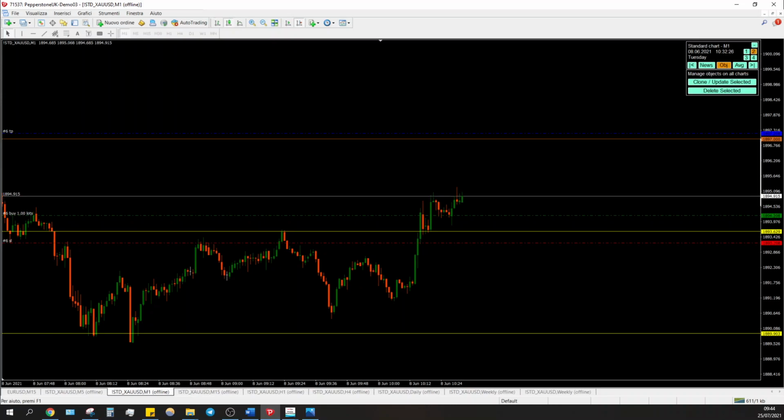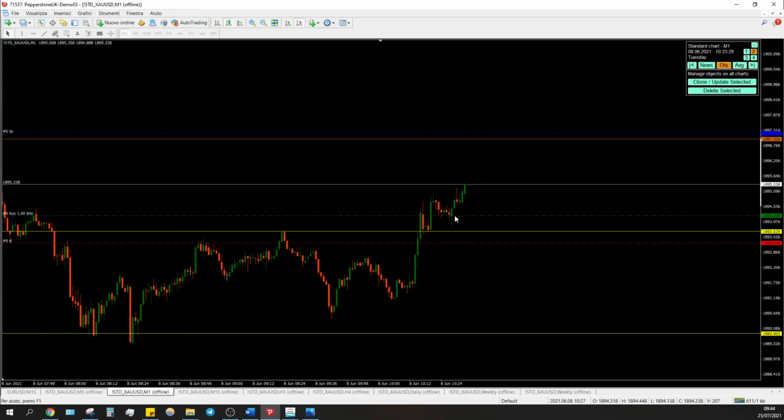Looks good for now. The bullish candles are bigger, and they are more bullish than bearish. We are here at 11 pips, 12 pips, which is 50% of the take profit.